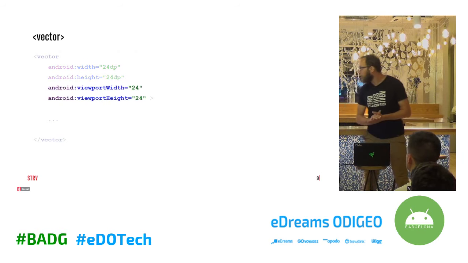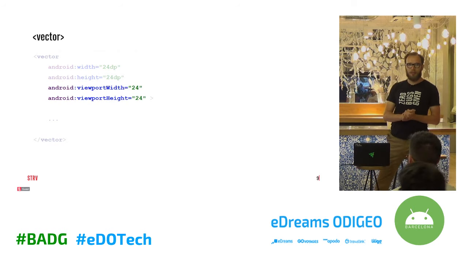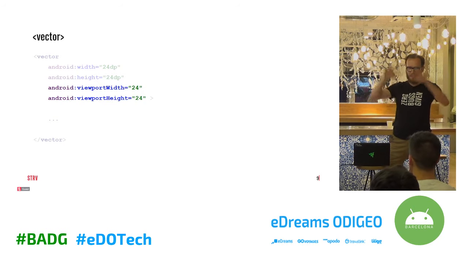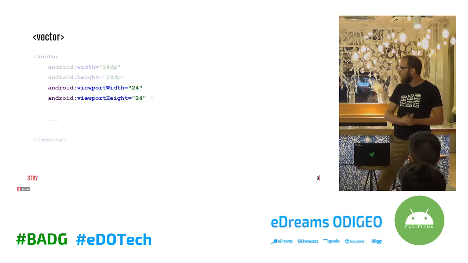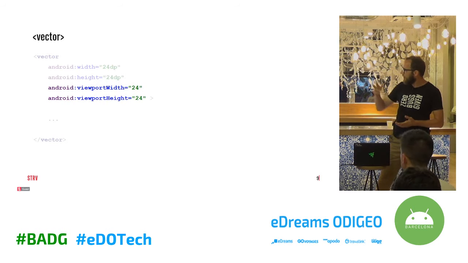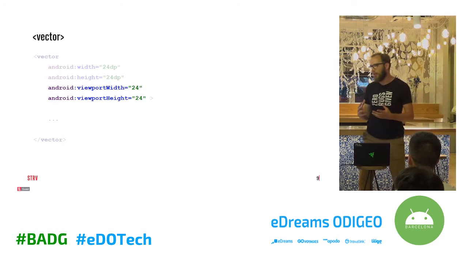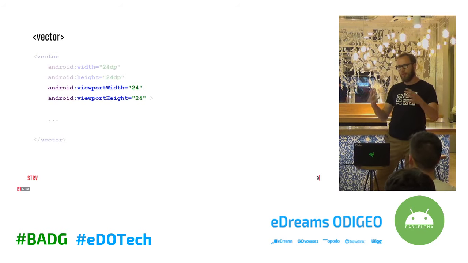Then you have viewportWidth and viewportHeight, which is the size of the canvas you are drawing on. It's like a painting, and you draw lines there, as you'll see later. This is the coordinate system you are moving in. It's highly recommended that these two have the same ratios as width and height, because otherwise the image will look squished or prolonged in one direction or another.